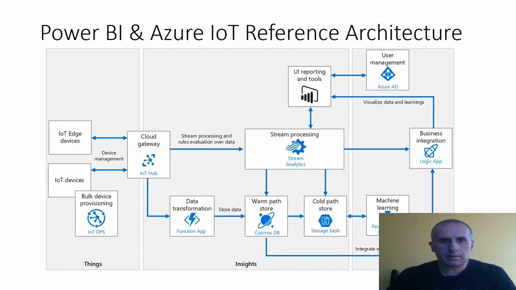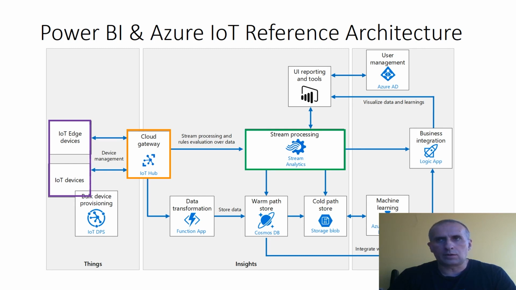You can see Azure IoT reference architecture. You can see that we have different main components. From one side, we have IoT devices and edge devices. We have additionally Cloud Gateway, which is the main service connecting devices and backend services. We have stream processing, where we can use Azure Stream Analytics or other open source solutions for real-time and close to real-time data processing.